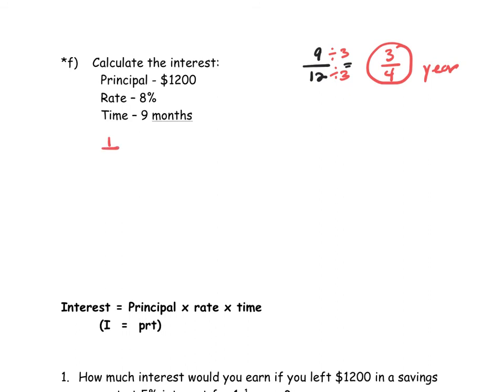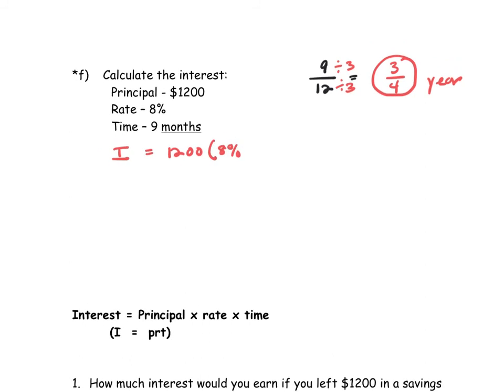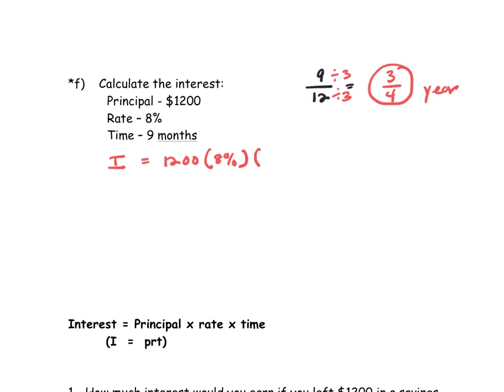So I equals, the principal is 1,200, the percent is 8%, and the year is 3/4. Now if you have a calculator at home, that's going to be very helpful. If you use that, 3/4 also, if you turn it into a decimal, we would take 3 divided by 4, and 3/4 is equivalent to 0.75.